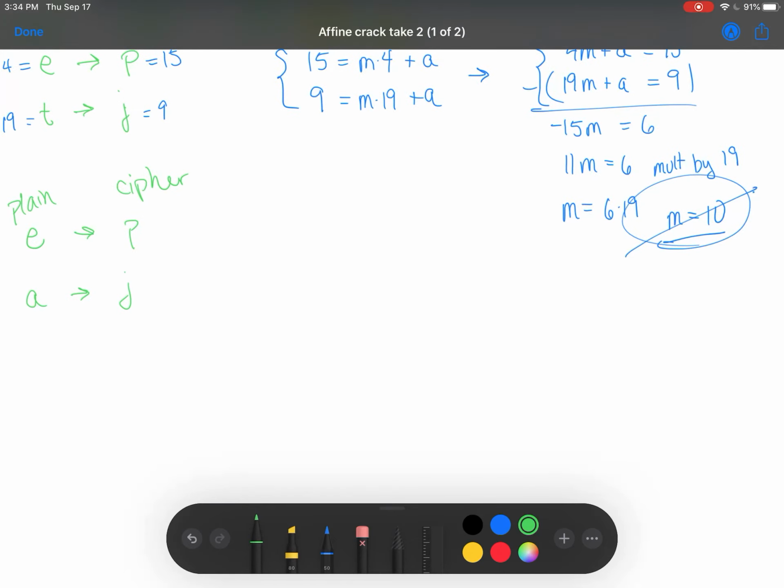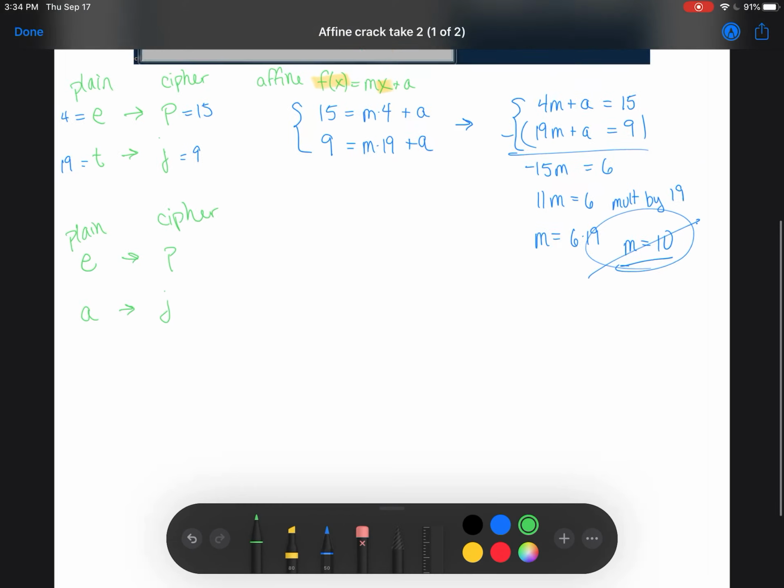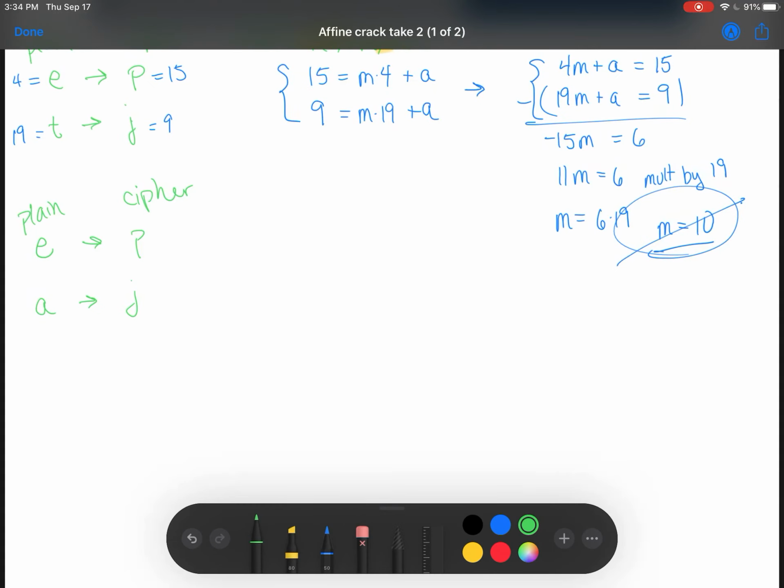So if we take these second guess values and plug them in, remember E is still 4, P is still 15, A is actually equal to 0, and J is equal to 9 still.